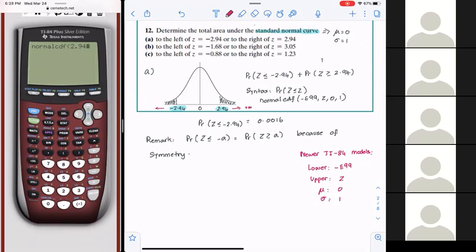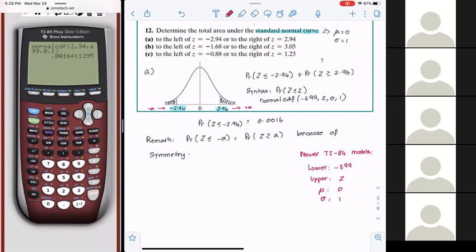On the left-hand side, it started at negative infinity and got closer to negative 2.94. Here on the right, the area starts at 2.94 and it's heading toward infinity. So 2.94, comma, second, comma would bring the E up, 99, mean is 0, standard deviation is 1.